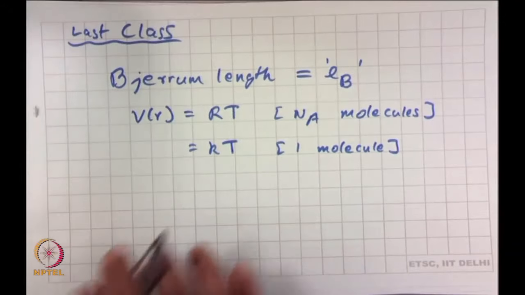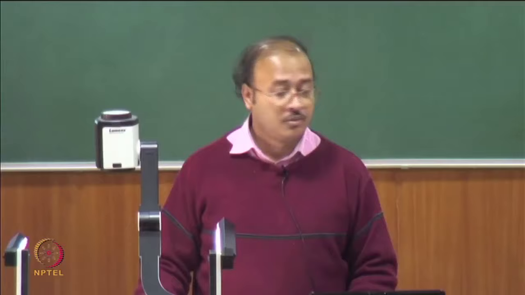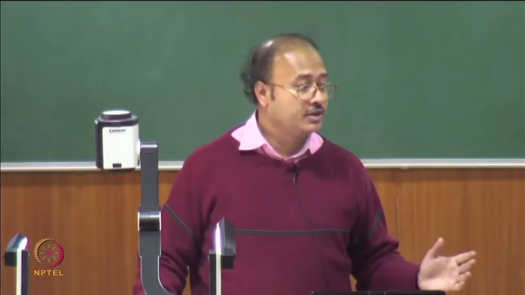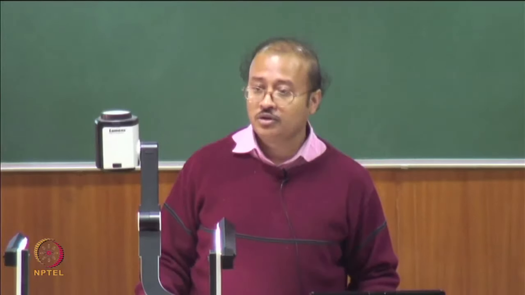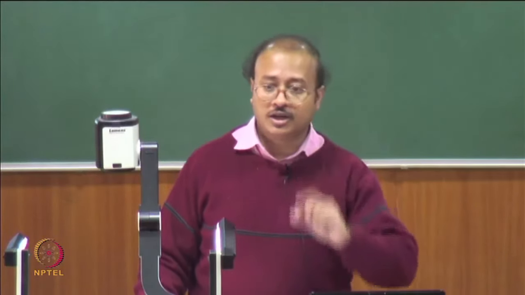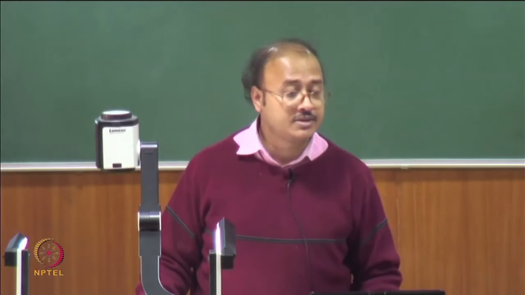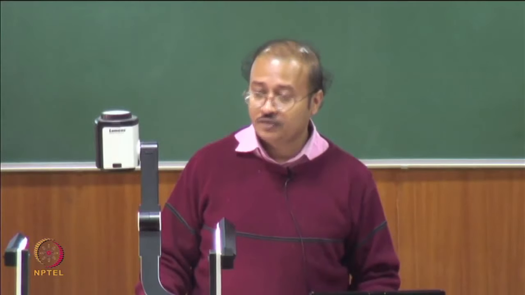And then we looked at an example of what this RT essentially means. We discussed how sodium chloride would ionize in water. At the inter-ionic spacing in the crystal lattice, the interaction energy would be just equal to 2 RT, from last class.